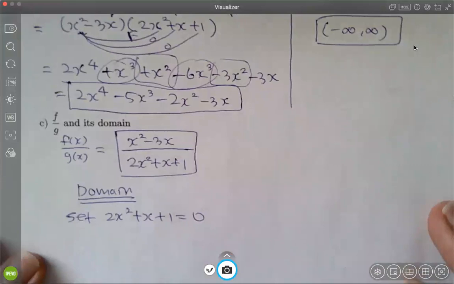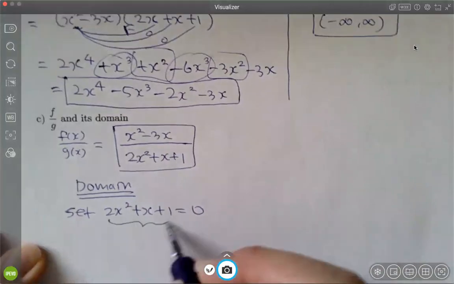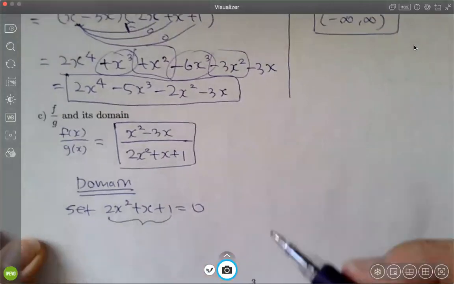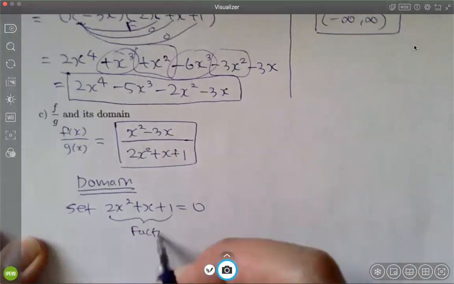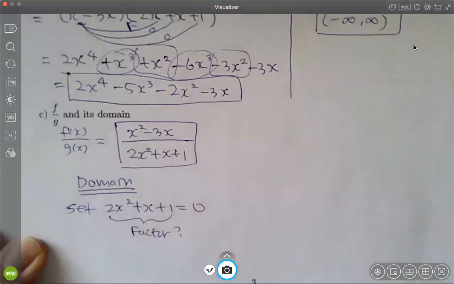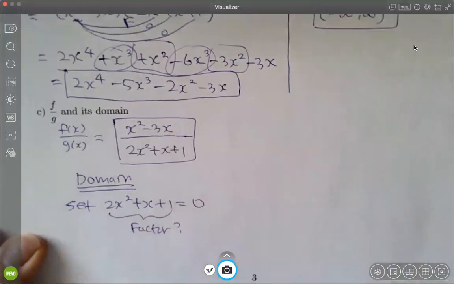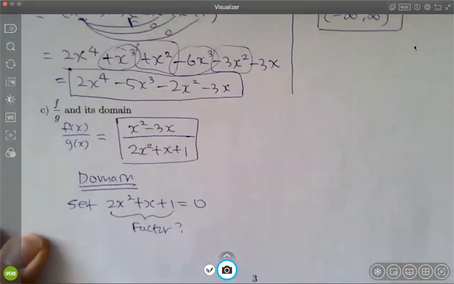Okay. So now, this is a quadratic equation, remember? So the first thing you have to check is, can you factor this? Yes, you can. Okay, so what are the two factors?